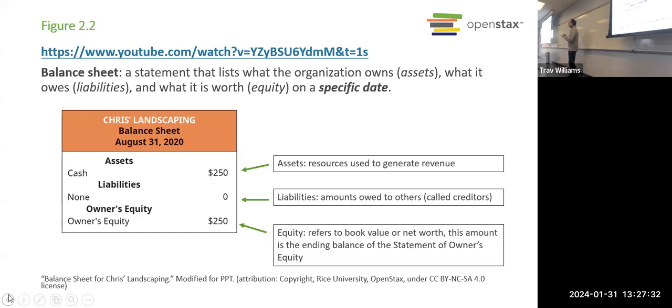Because remember, with our double entry bookkeeping system, every transaction gets recorded in two places. So when you make a sale and you get paid, you record that under sales and you record it under cash. Because you made the sale and you got the cash. So it was one transaction, the two different accounts get updated.